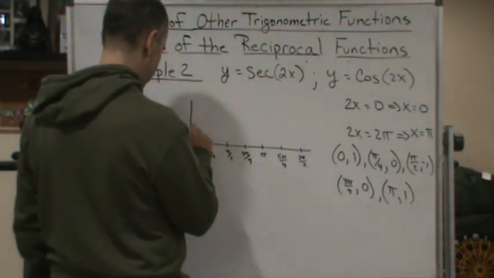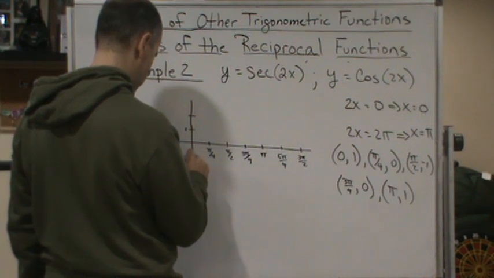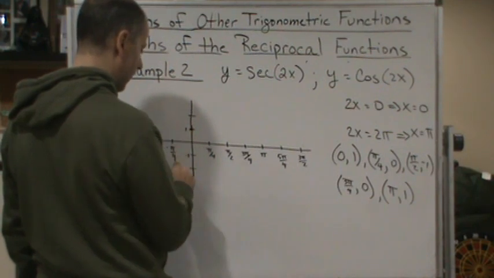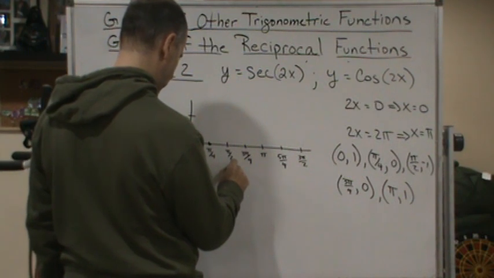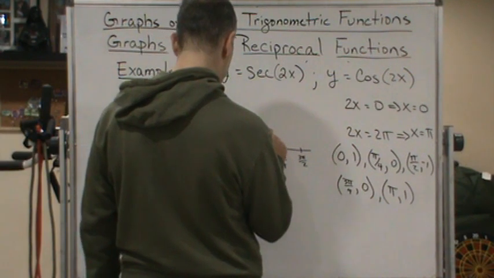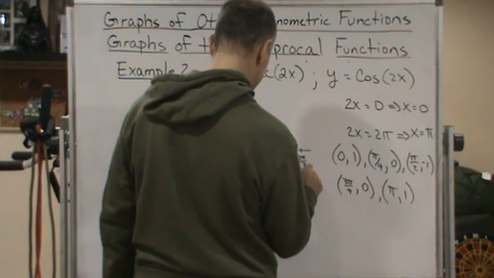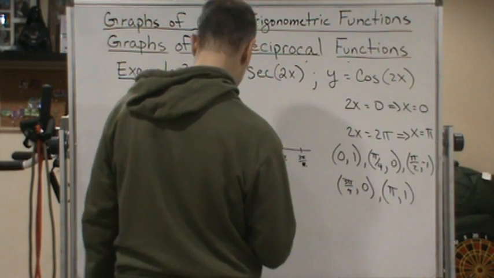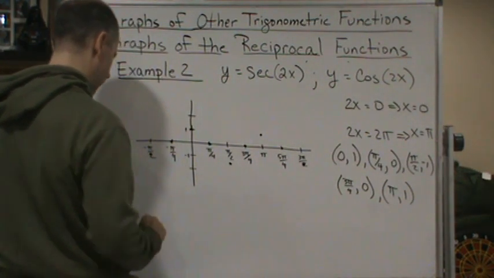So we're going to be, let's do this. Okay, so at 0, 1, right? And then we're going to go to 0 here, and then we're going to go to negative 1 here, and we're going to go back to 0, and then up to 1, and then back to 0, and then down to negative 1, right? And then here and here, okay?